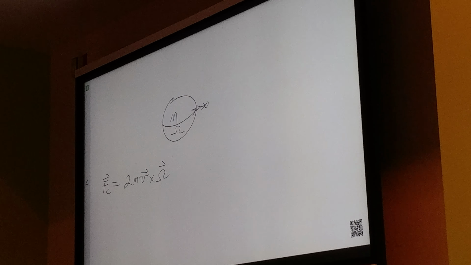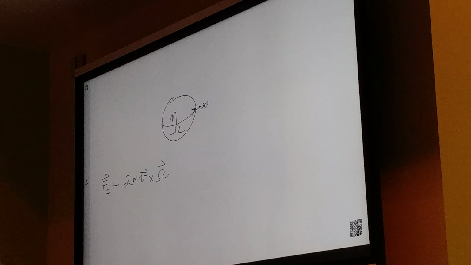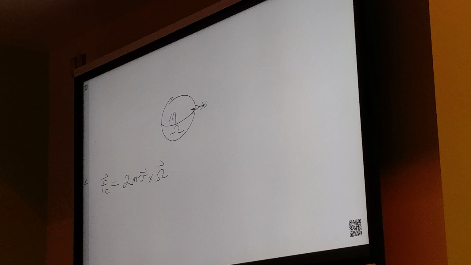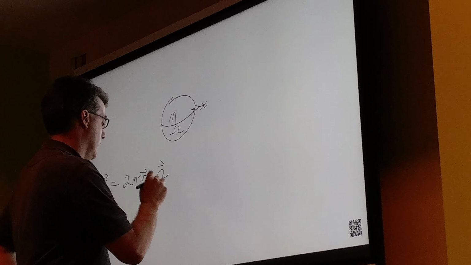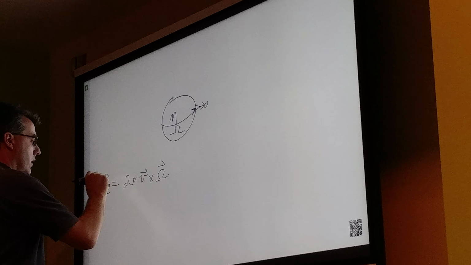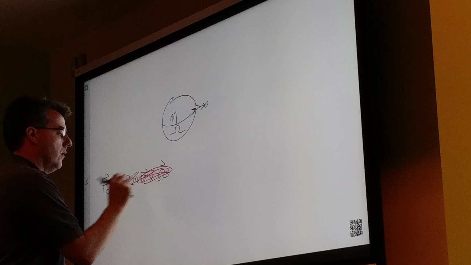As we keep spinning the planet faster, the force of gravity is going to feel weaker and weaker. And what I want to know is how fast should it spin before they don't feel any gravitational force. So, by the way, let's just cross out this. This is irrelevant.